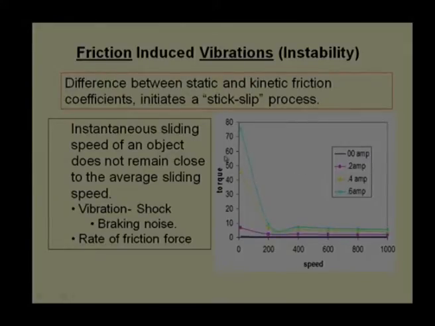When we performed experiments on the MR brake, what we got at the lowest speed was that the coefficient of friction was very high, and the torque resistance capacity of that brake was very high. You can see here the blue line, pink line, yellow line and the green line. The blue line is for 0 ampere, that means there is no magnetic field generated in the MR brake.